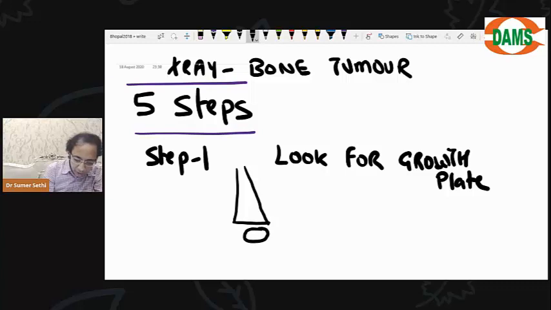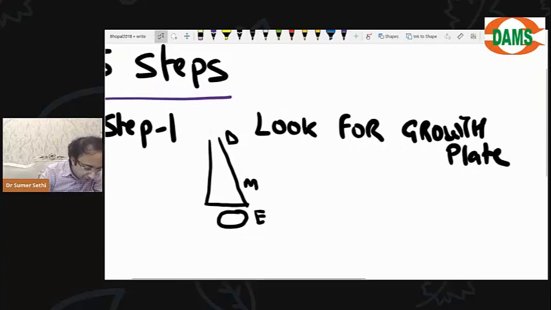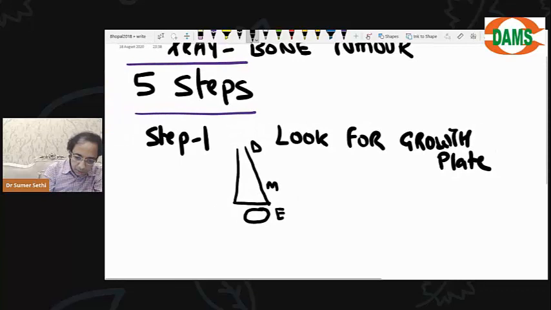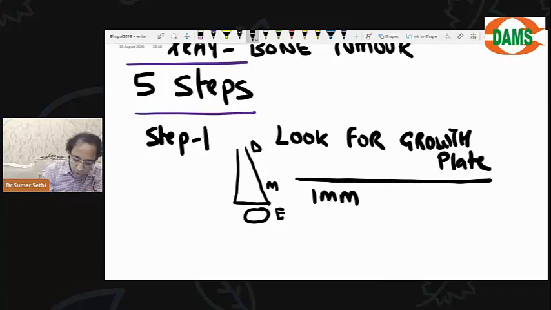What is growth plate? Do you remember the growth plate is a gap between the metaphysis and the epiphysis? Okay. So remember, growth plate अगर दिख रहा है तो that means we are looking at an immature skeleton. नहीं दिख रहा तो mature skeleton.